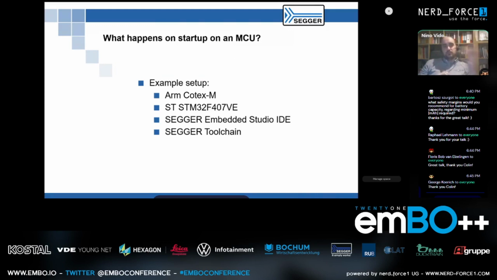This will be an exemplary startup for an ARM Cortex-M setup, but the startup steps usually happen in a similar fashion on other architectures and target devices. So what I show here usually translates well also to other platforms, and we can learn the same things for other platforms.